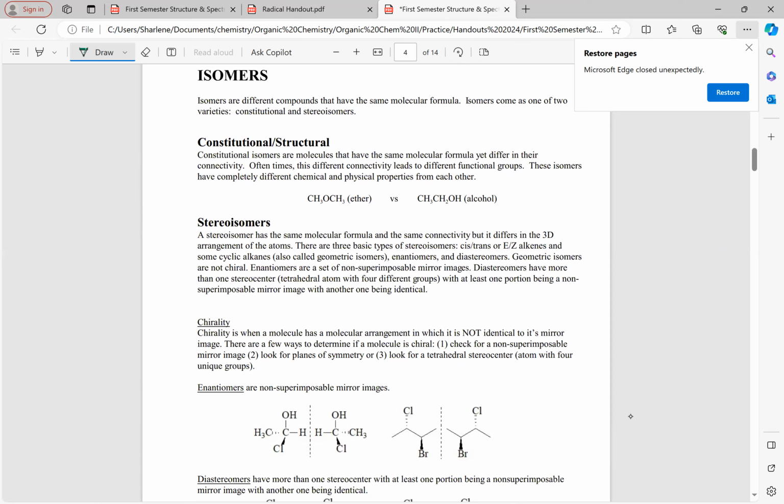All right, constitutional or structural isomers have the same molecular formula, but different connectivity.